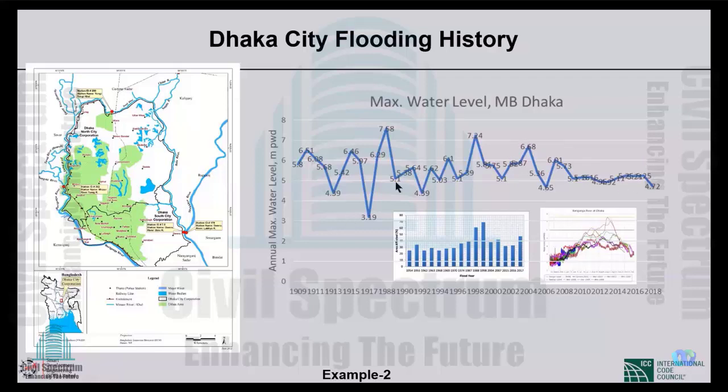We know from the graph that in 1988 it was very close to 8 meters. And in 1998 it was also less than 1988, but close to 8. Another one is 2004. These three years are very high flood levels.